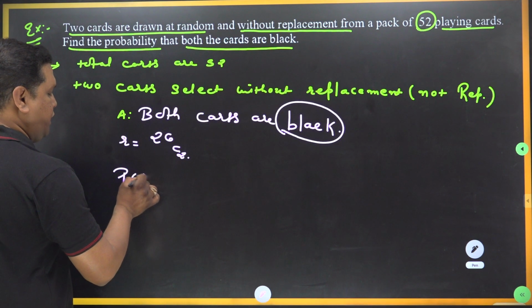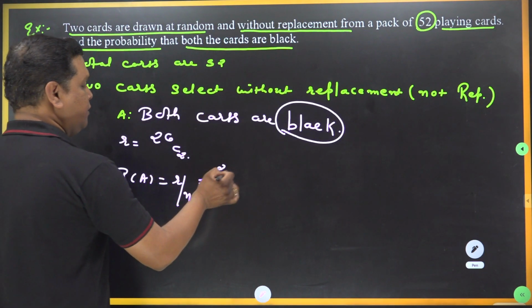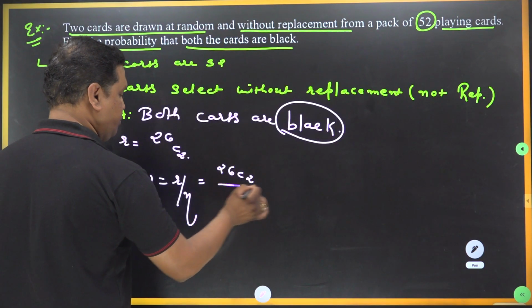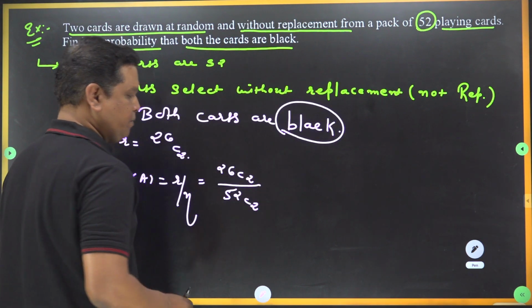So P of A is r upon n, 26 C2 upon 52 C2.